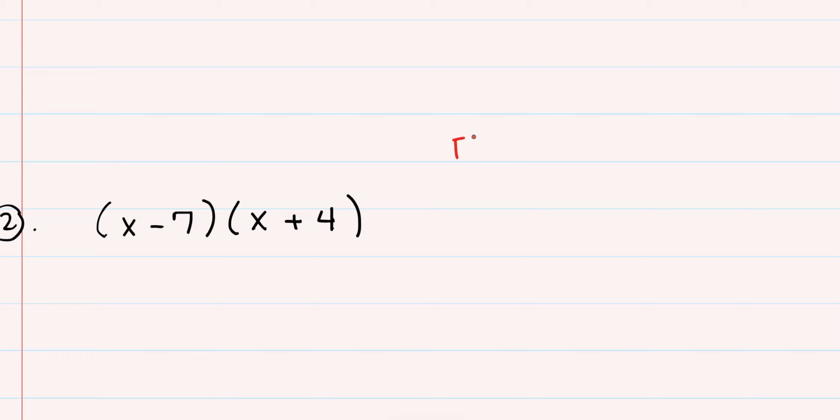Okay, let's put FOIL up here. Maybe you should pause the video and try to FOIL this and see if you get the same thing I get. All right, I'm going to take care of the first thing, which is this x with this x.